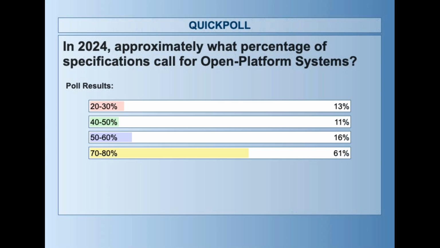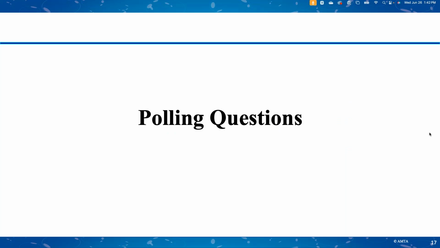Very good. That's right. So it's in the range of 70 to 80%, maybe even a bit higher, but that's about what I could collect from talking to different industry experts. So this is I think a strong illustration of how much the open platform system has taken over in our market. Okay, very good. Thank you.